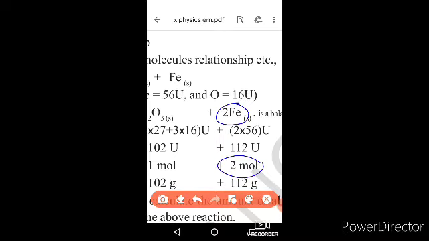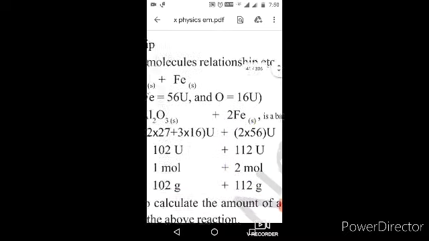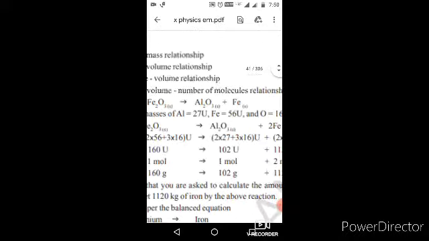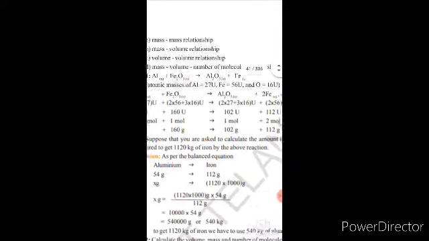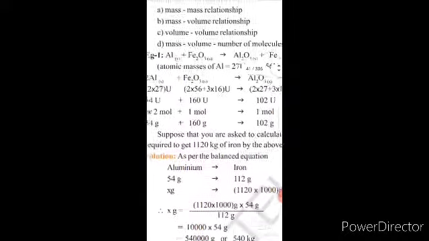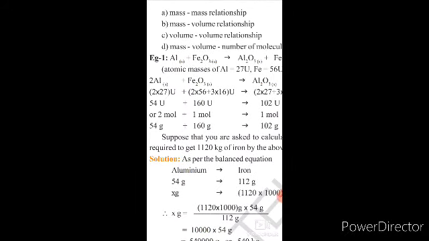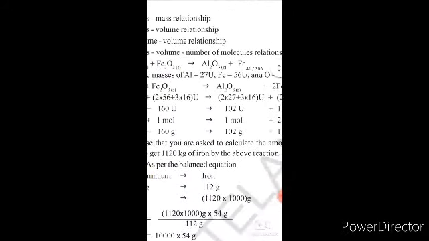Now the question is: suppose you are asked to calculate the amount of aluminium, meaning how much aluminium you need to get 1120 kilograms of iron, that is 1 ton 1 quintal 20 kilograms.